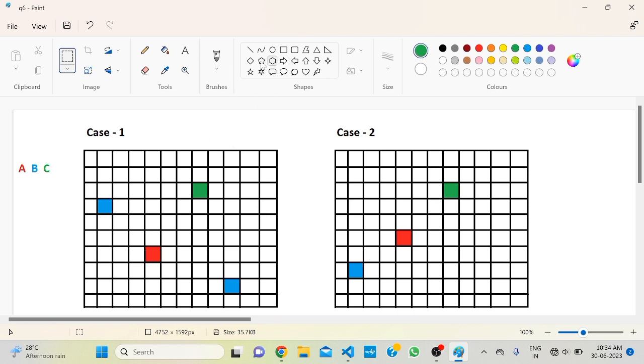If both are on opposite sides, blue one and green one, then what is the shortest path? Bob will go this way, and Carol will go this way.